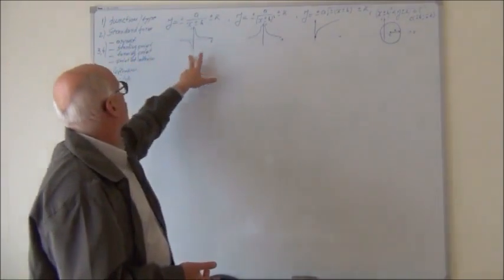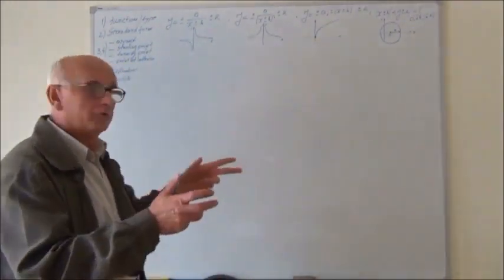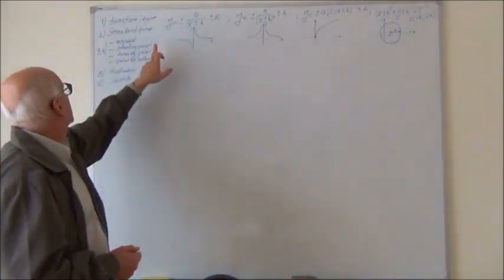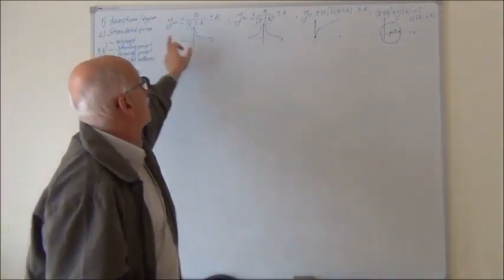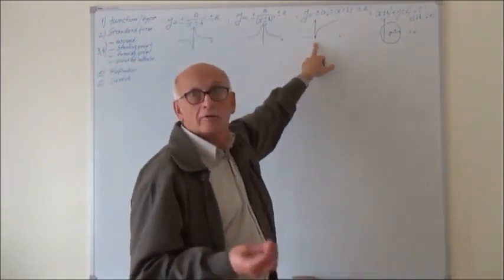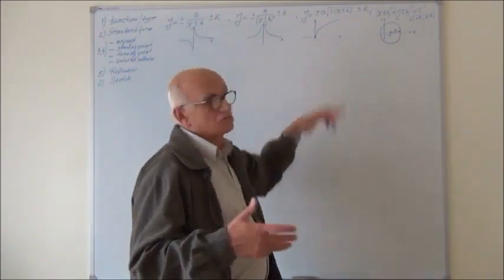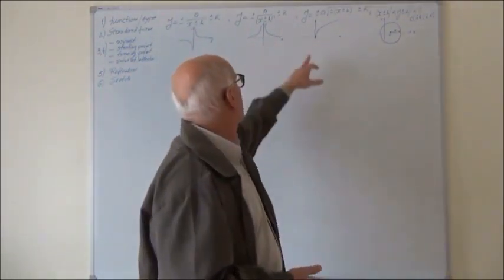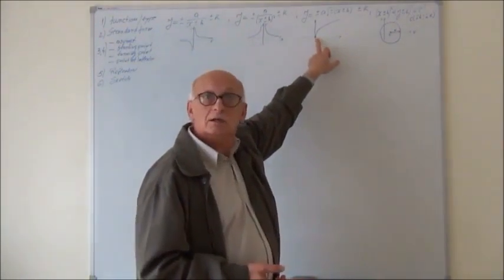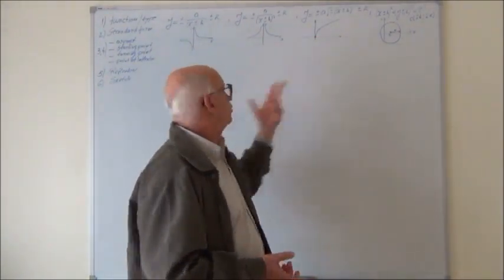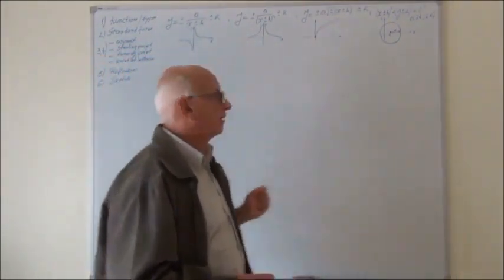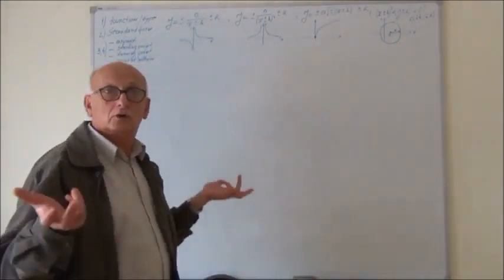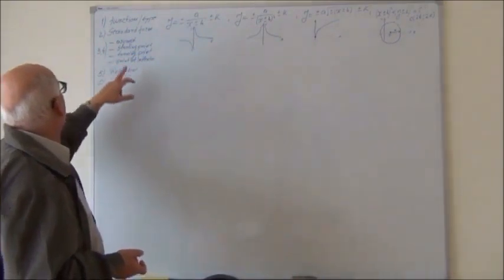So only for those two we have asymptotes. Starting point, of course, only the square root function has one starting point. So we will think about that if we have a square root function. Where is our starting point? What are the coordinates of the starting point and things like that.